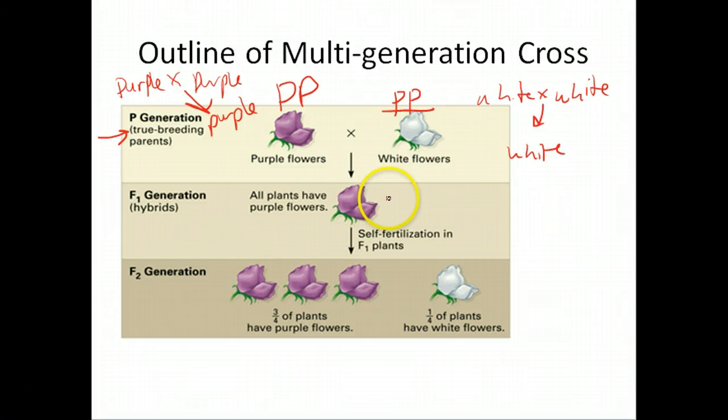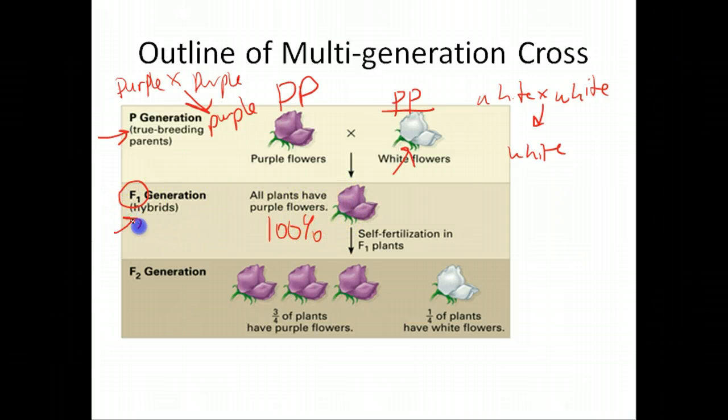And what happened refuted the idea that blending occurred genetically in all organisms. Instead, what he got was all purple flowers. So this white phenotype disappeared, and 100% of this next generation, the F1 generation, was all purple. So that's 100%.